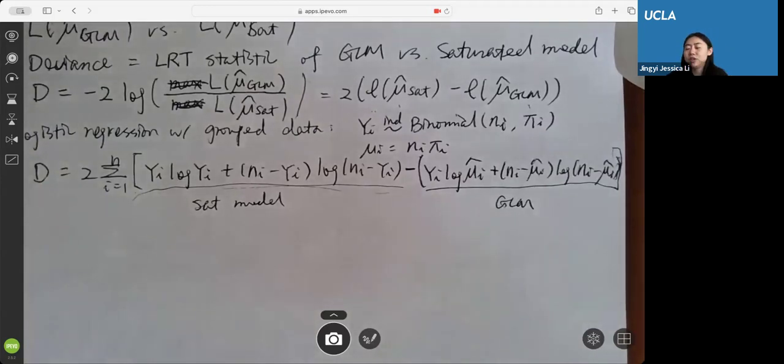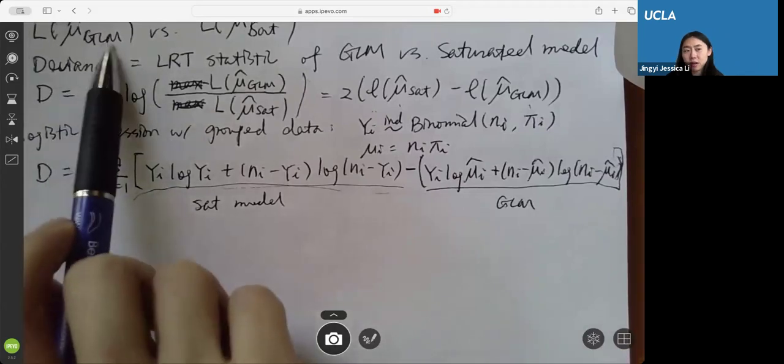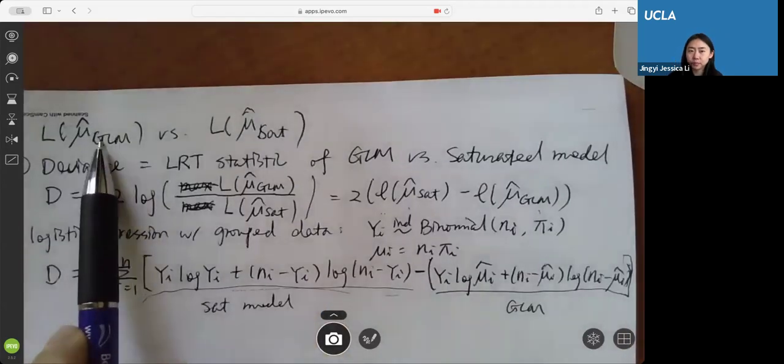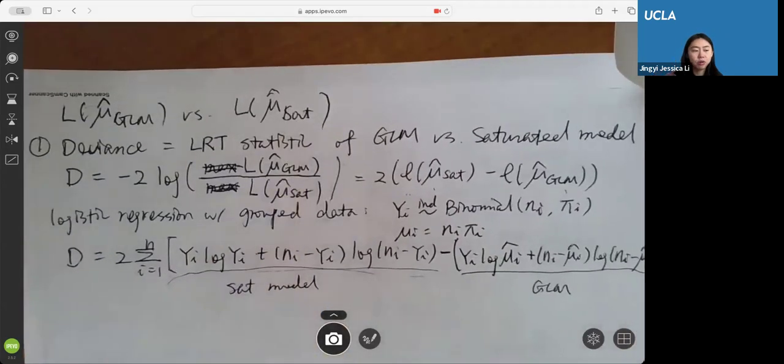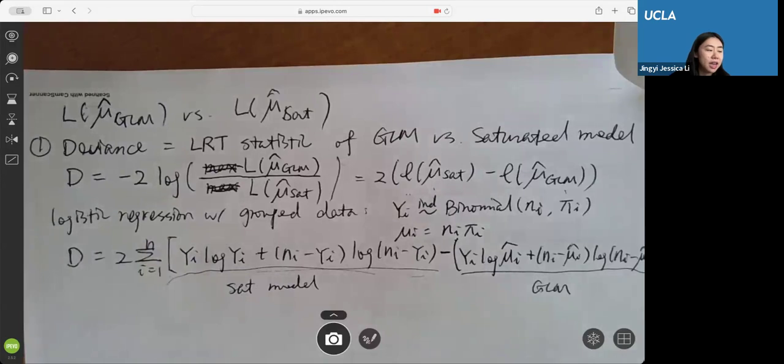Under the asymptotic distribution, or null distribution, of this D, the two models fit the same data equally well, and their difference is only due to randomness in the data. That's because for a different data set, you will observe a different D, right? It's due to the randomness in the data.